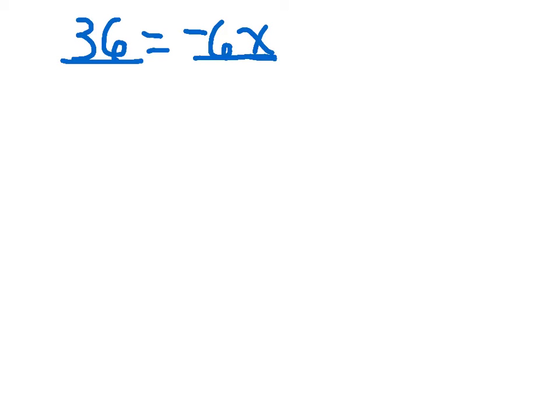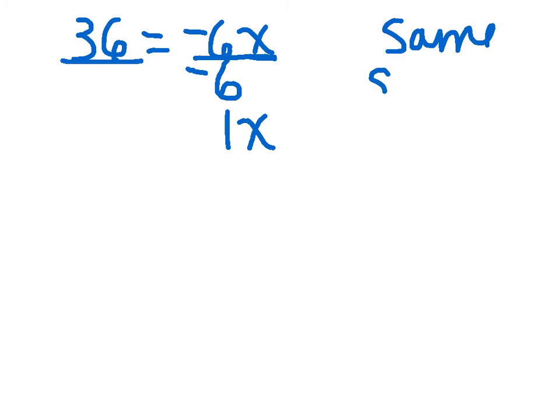Well, once again, any number divided by itself equals positive 1, and 1 times a number is the same as having the variable alone. So unlike in equations with addition and subtraction, when I'm using multiplication or division, I want to use the same sign, because that makes it a positive x, or a positive variable.